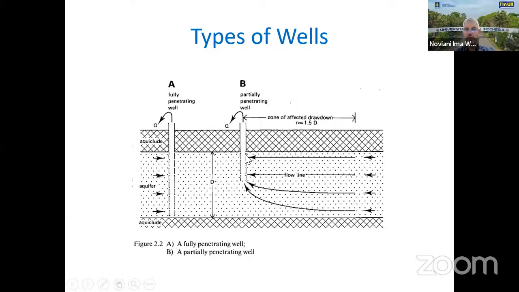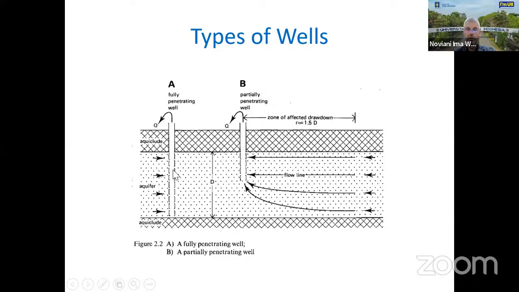However, sometimes it is either not possible or too expensive to drill all the way down. And then you end up with what is called a partially penetrating well. A partially penetrating well doesn't go all the way through the bottom of the aquifer. We can still use it for our pumping test, but we need to know that it is a partially penetrating well and not like this one, a fully penetrating well.